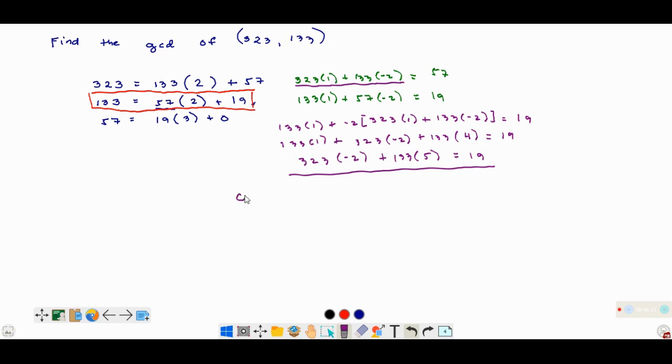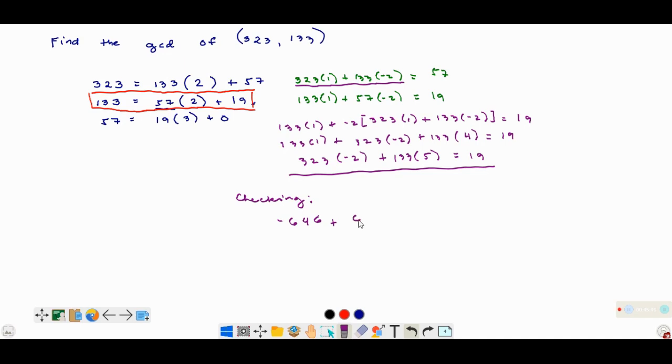Check natin. Lagi tayong mag-check para nakakasigurado tayong tama yung ginagawa natin or tama yung isasubmit natin na sagot. We have 323 times negative 2. 323 times 2. Negative 646 plus 133 times 5.